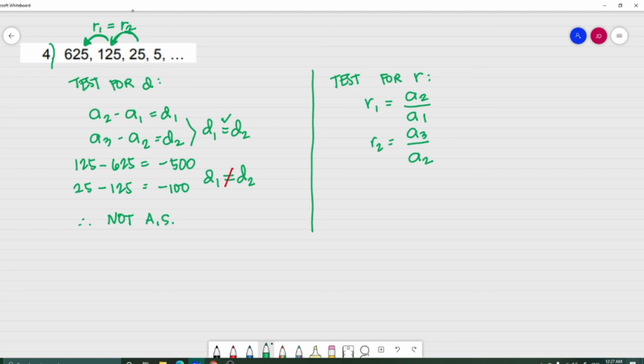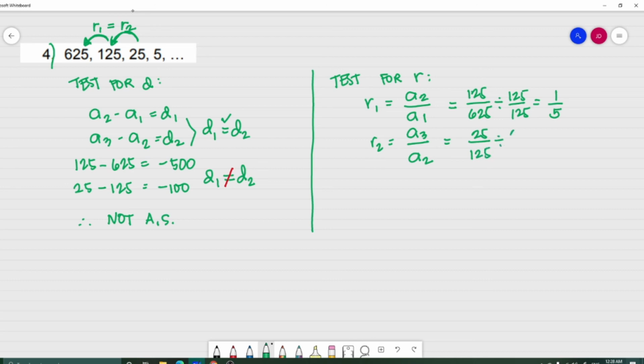So, let us check. Okay, pwede na ko isumpay dire. I will have 125 divided by 625. Unsay common sa ilang duha? Si 125. So 125 divided by 125, you get 1 over 5. And then next is 25 over 125.